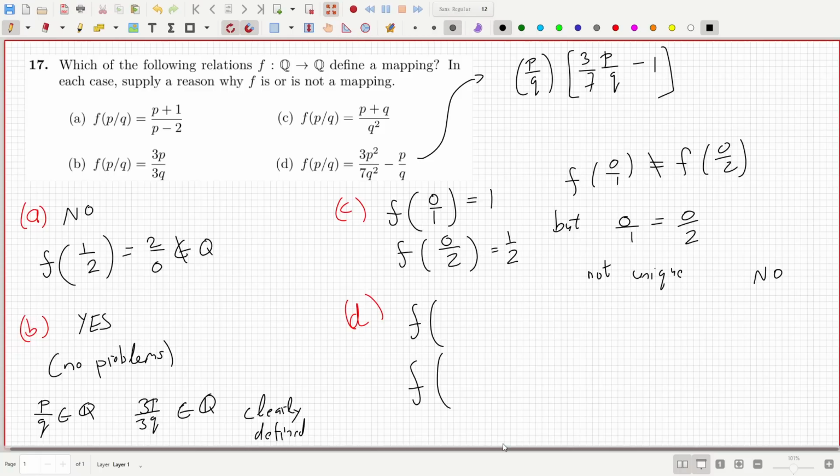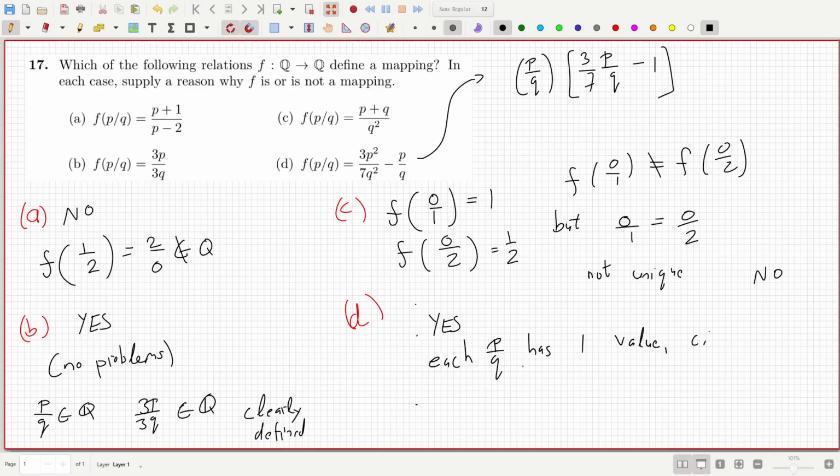I think this time the answer is yes. Yes, the answer is yes, because each P over Q gives its own unique value, meaning that you don't have a situation where you have two different values for the same P over Q. So each P over Q has one value.